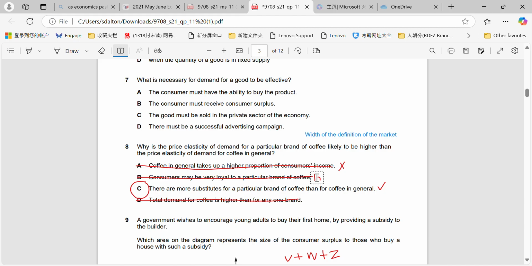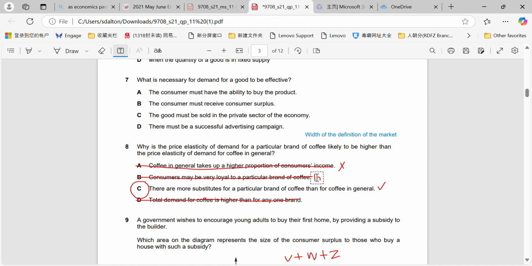So that's because as we start to look at the smaller areas of the market, there start to become more substitutes for this particular brand, whereas the substitutes for coffee might only be tea, for example. But the substitutes for a particular brand of coffee are many other different types of brands of coffee that are available on the market.